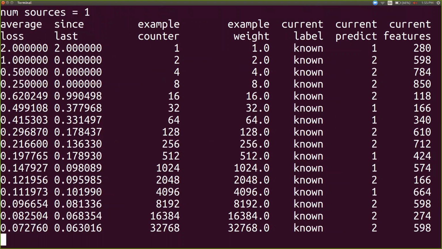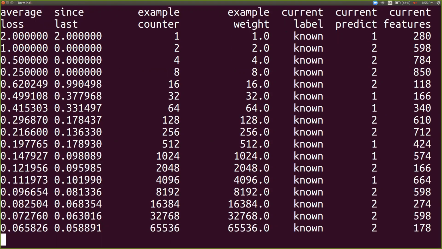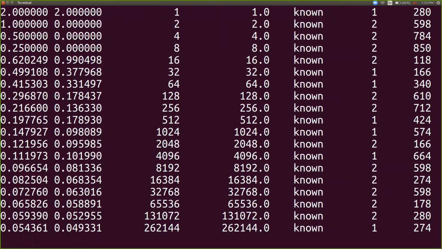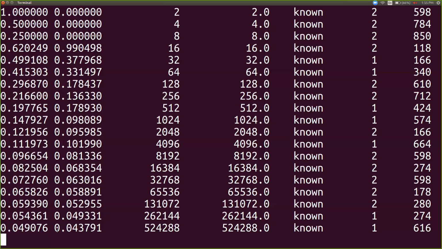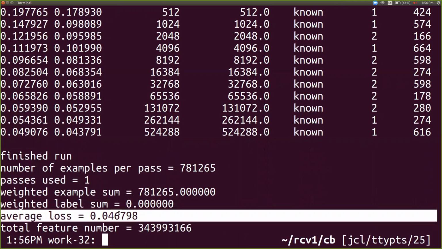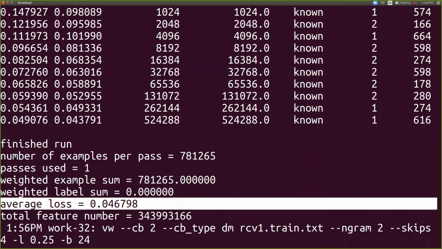So you can run through things. This is a little bit slower than what you saw previously because there's a bit more work going on under the hood. You can use progressive validation in the same way as we discussed previously, and you can see that the error rate ends up being relatively small. Now this is the direct method, which I poo-pooed earlier.